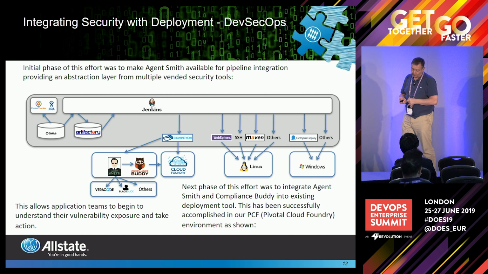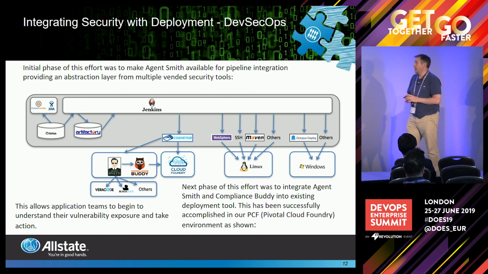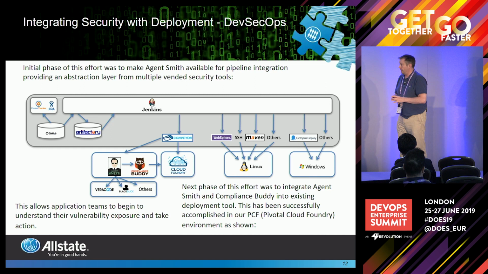So really, the idea is with Veracode there, it's like an external source code scanning system. So we push our code out through Agent Smith, and then the results of that are sent back to Compliance Buddy. So anyone there who's maybe listening to the auditors before lunch, Deloitte, we like the idea at Allstate, and particularly in Z, of continuous compliance. We don't like the idea of stopping and then doing it after the event or in a last-minute rush before we push to production.